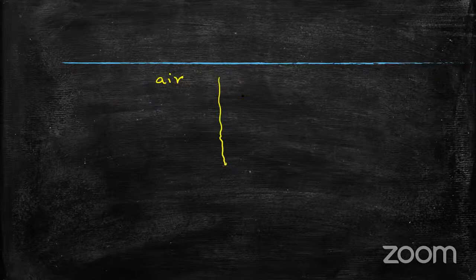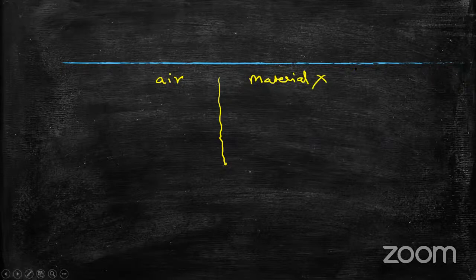Then there is the next question. Let's say we have a material called X. There is air on one side and there is material X. Now find the refractive index N for this material. What is the condition?